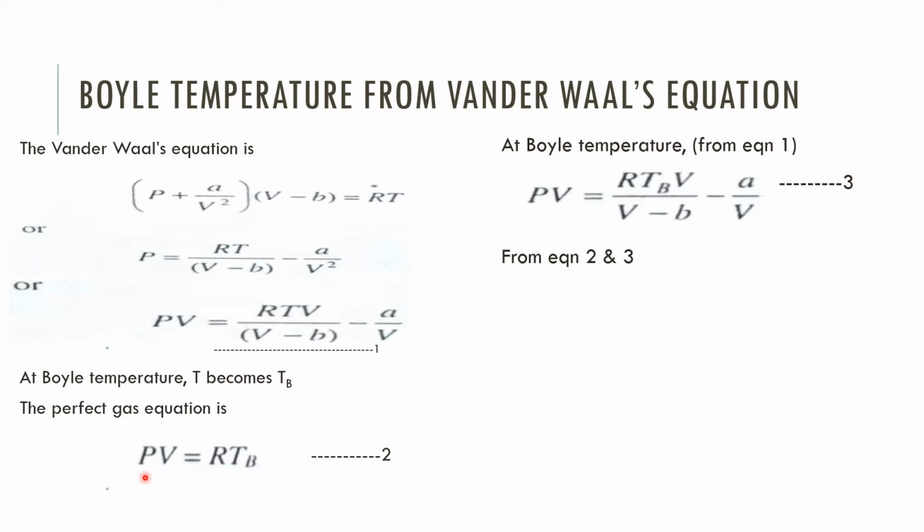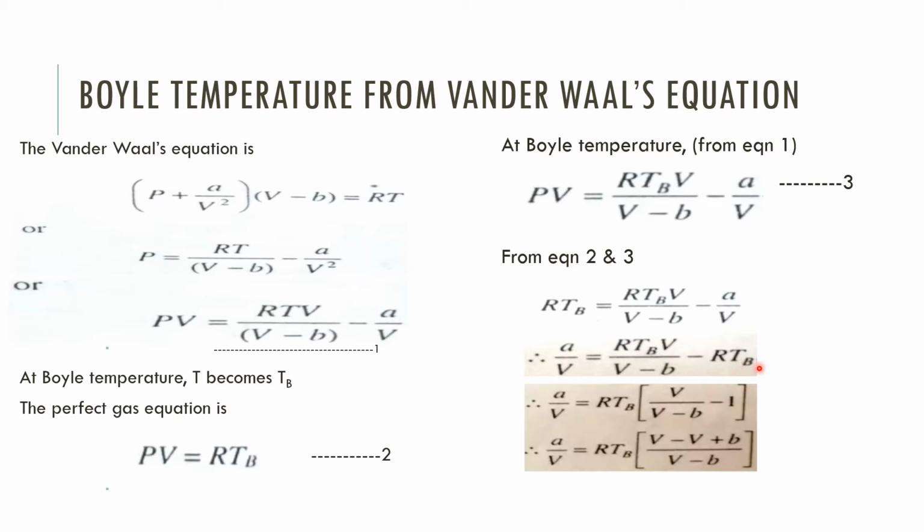As you can see, the LHS is the same. So RTB = RTBV/(V − b) − a/V. We can take a/V to one side and RTB to the other side, so we get a/V = RTBV/(V − b) − RTB. We can take RTB common, so in the bracket we get V/(V − b) − 1.